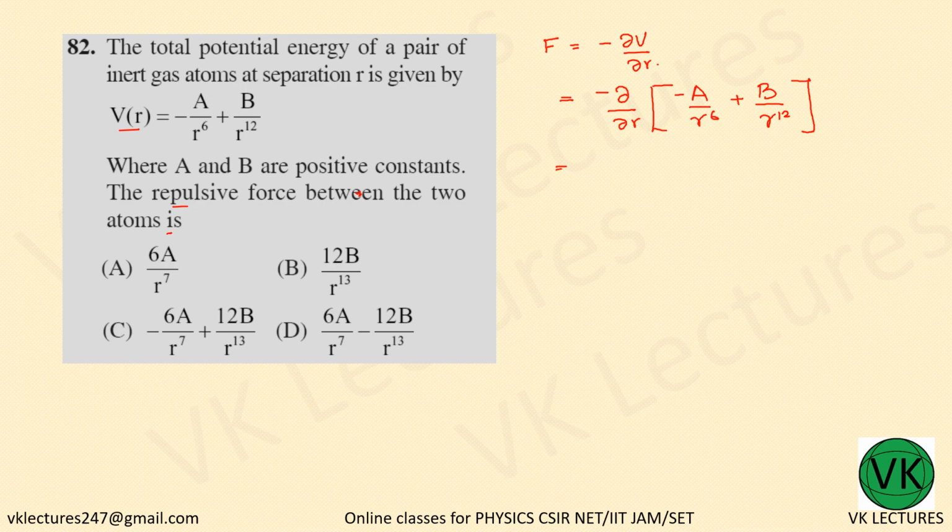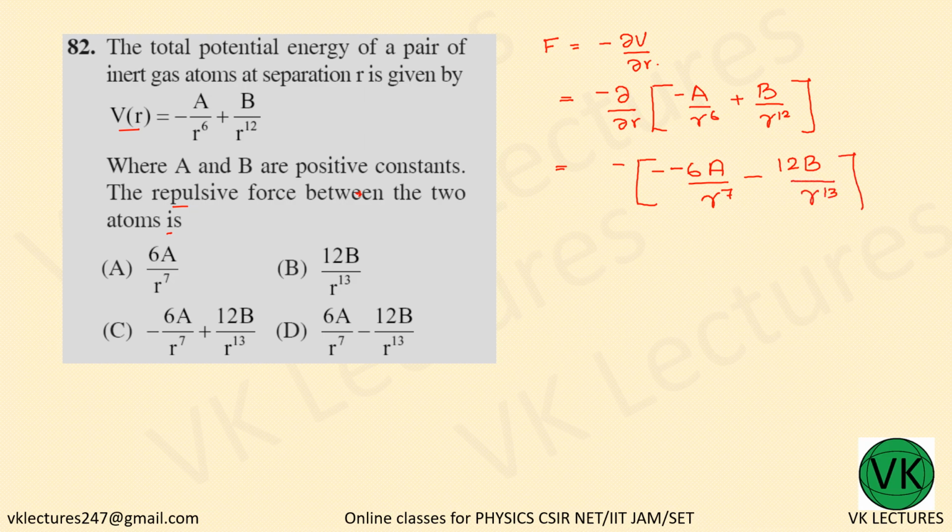Now let's differentiate this. That's equal to minus of the first derivative of minus A by R power 6, which is minus 6A divided by R power 7, minus 12B divided by R power 13.